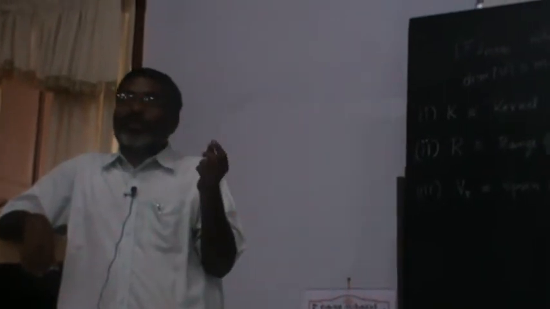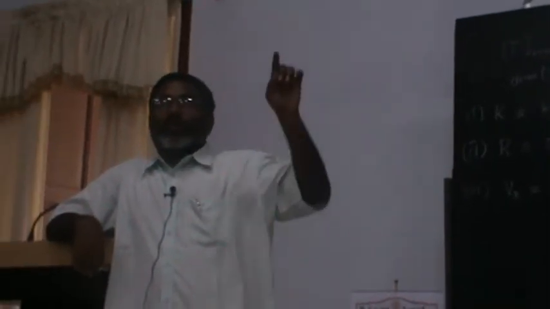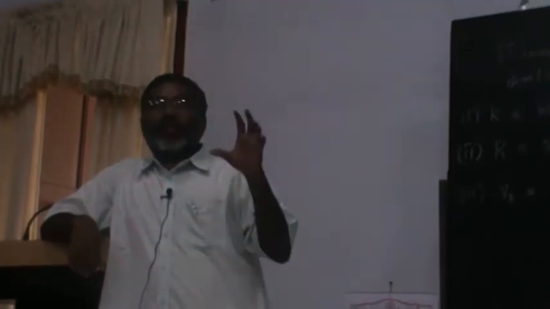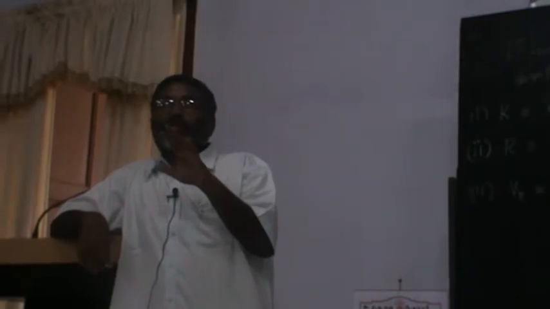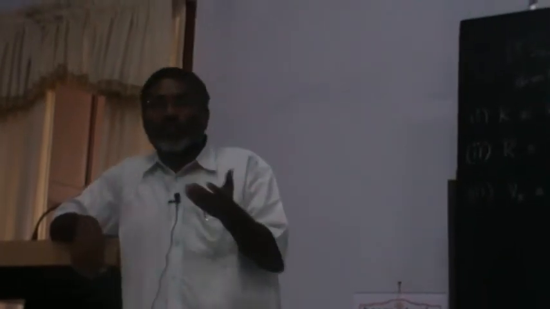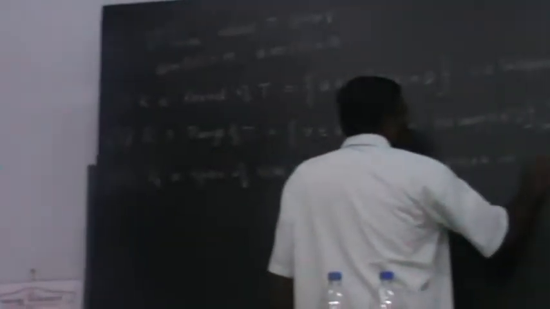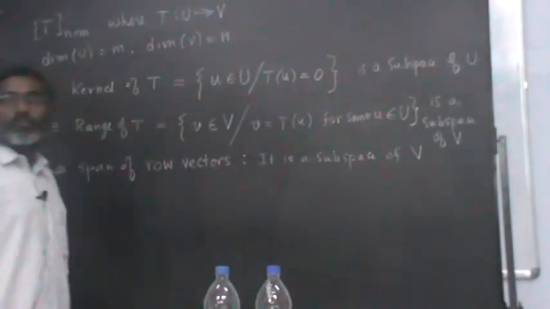The span of n vectors will have dimension n, provided all the vectors are linearly independent. So maximum is n, but it can be less than n also. If all the rows are not linearly independent, then the dimension will be less. So this will be a subspace of V. V is n dimensional.